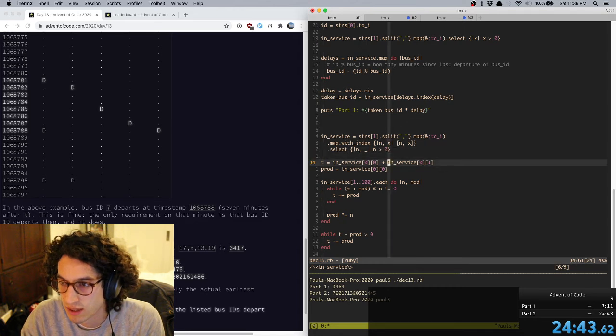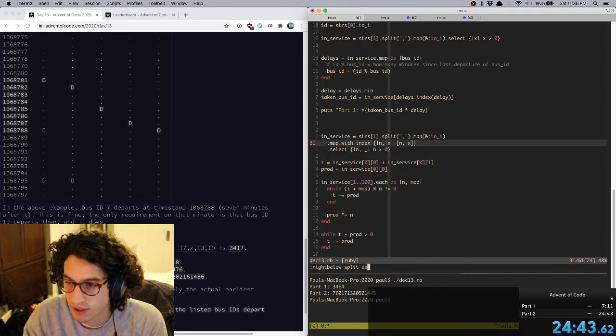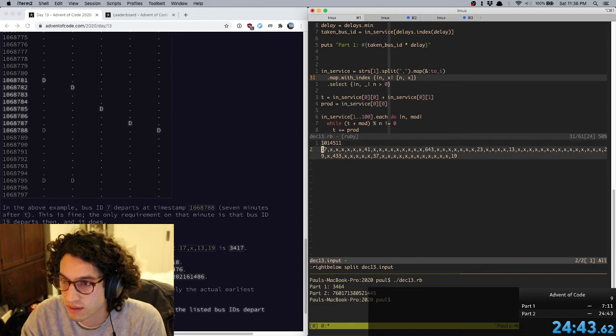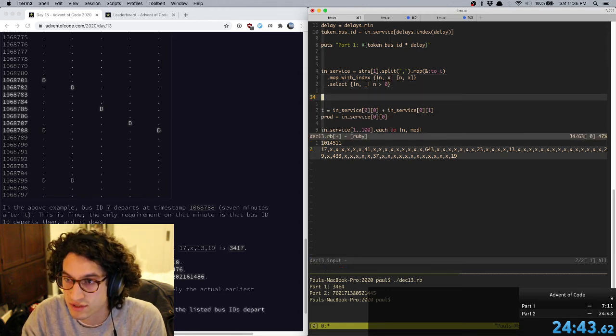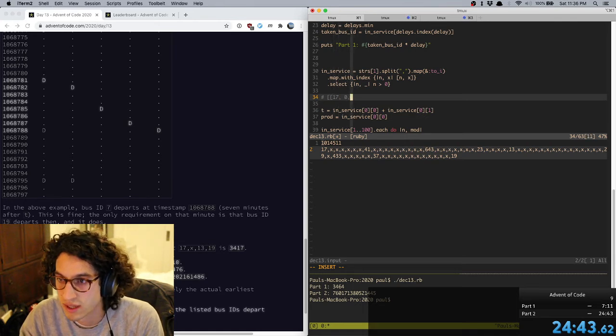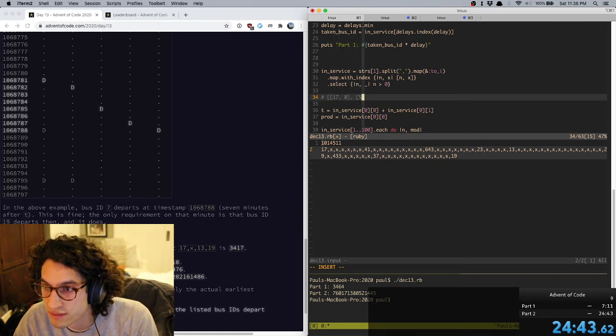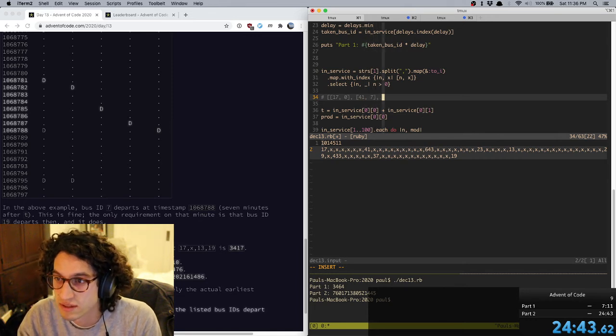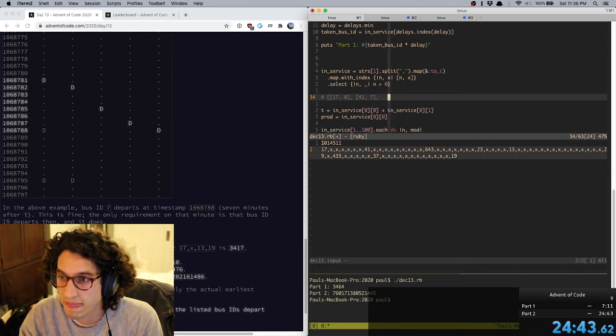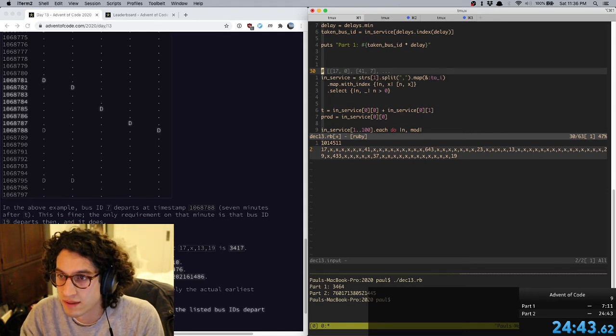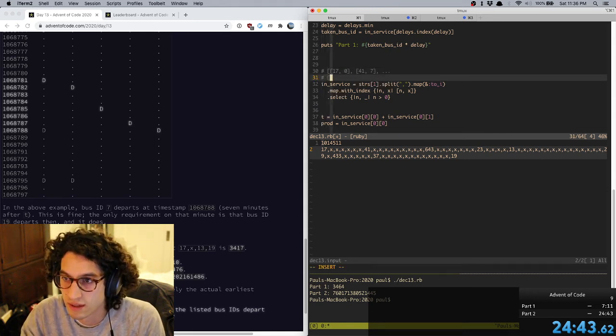So if we open up our input again, the in service looks like 17, 0, and then 41, 7, I guess. Array of bus ID and delay modulus.